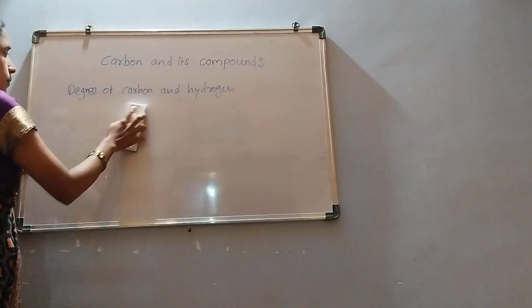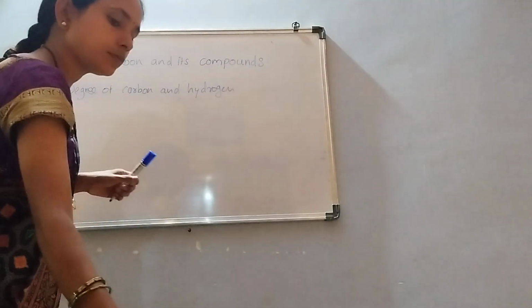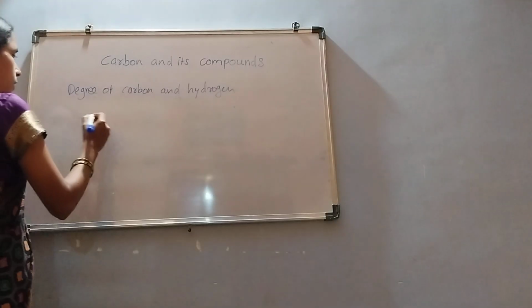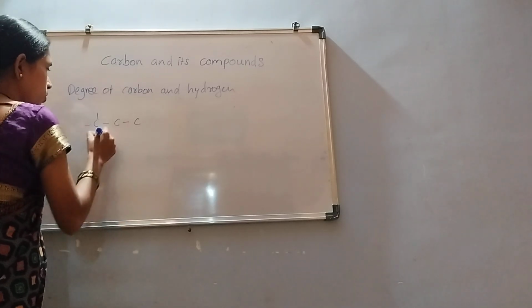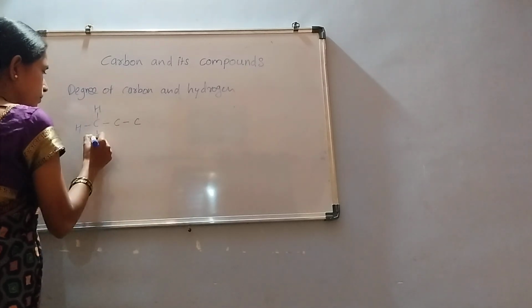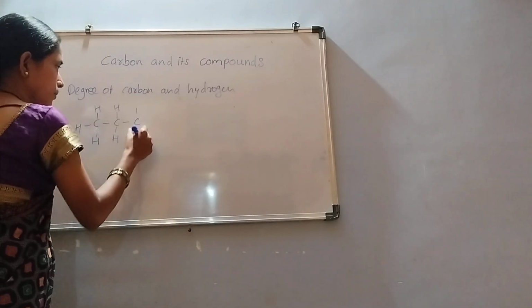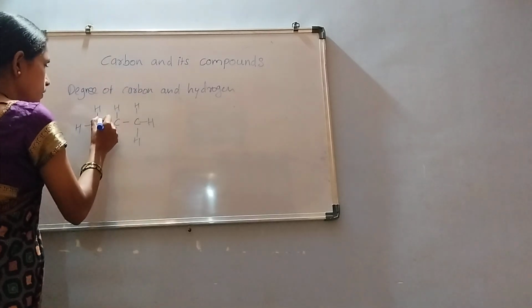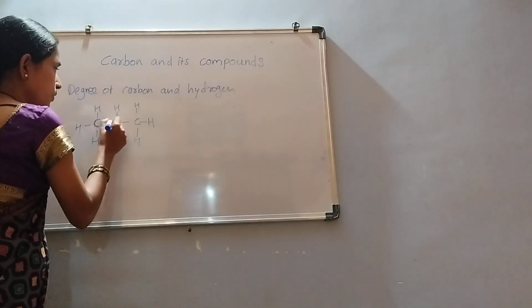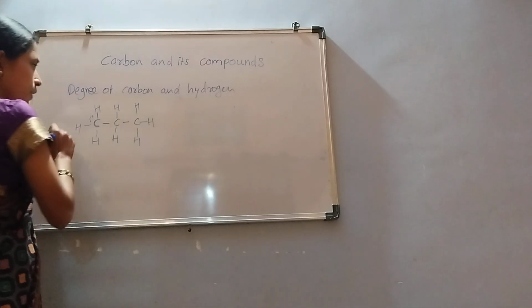Next we will discuss propane. The alkane having 3 carbons, we call propane. In this case, this end carbon is attached to only one carbon, so we call it a primary carbon.